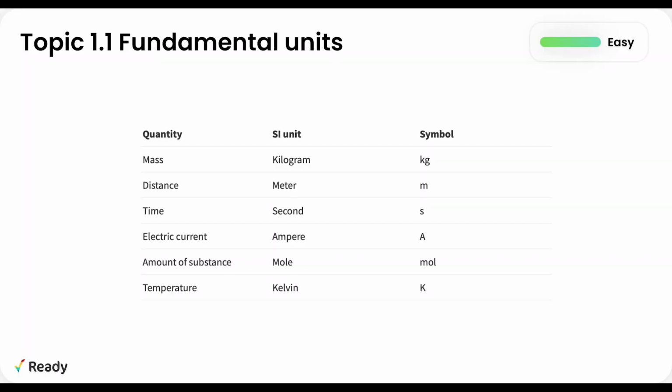Okay, now that we've done that example, let's move on to a trickier question. This question is approximately the same level you'll find in a real IB exam. This is question 17 from our topic 1 question bank. In question 17, we are asked to derive the unit joules in fundamental units while showing our working.